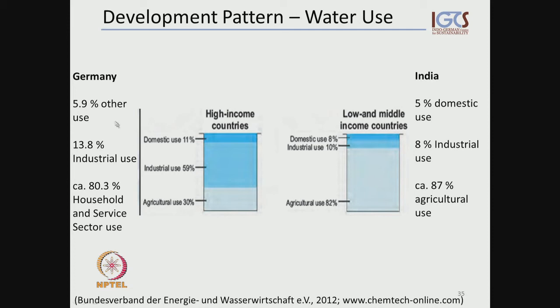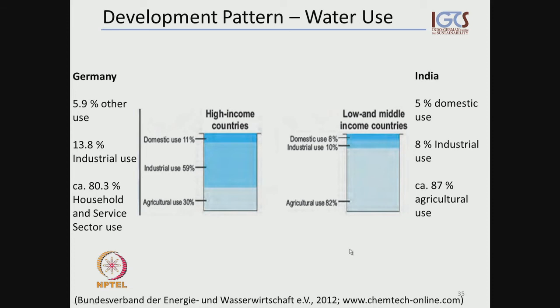So service sectors have become the major user of water here. That is a typical stage 3 country, whereas India you could call a country that would be in stage 1 or 2 if you follow this economic growth model of Lewis.